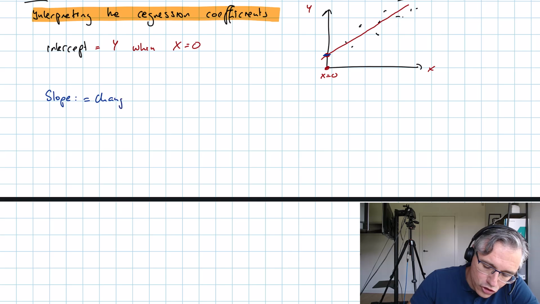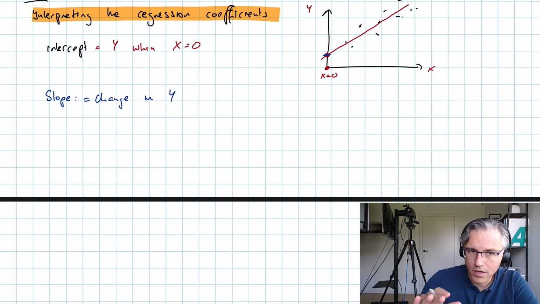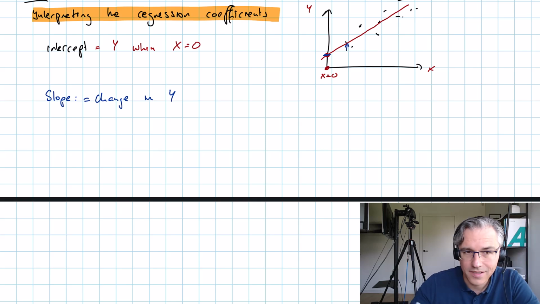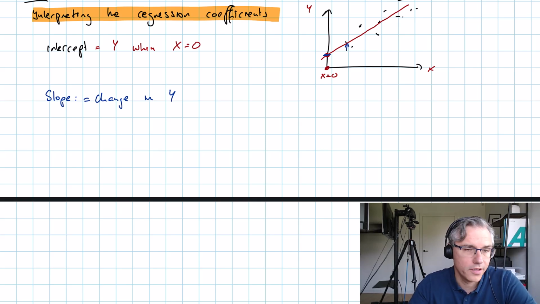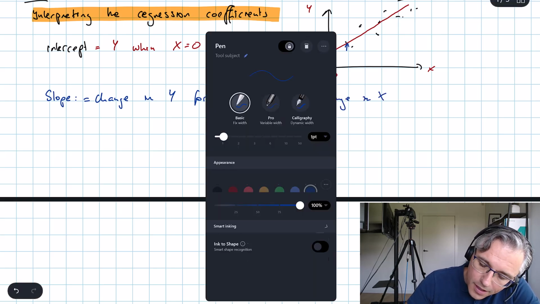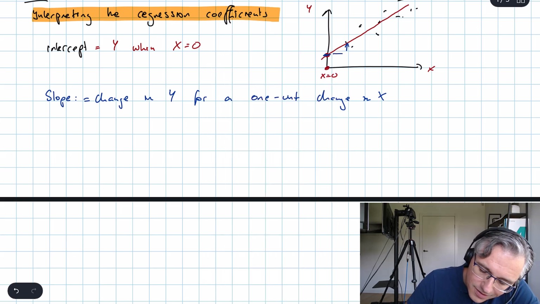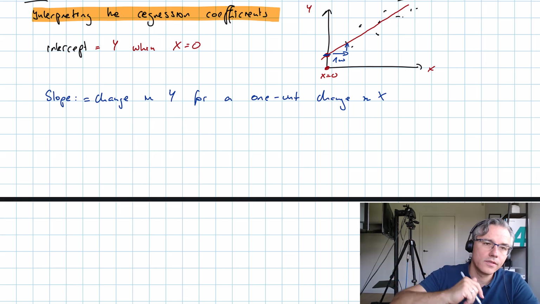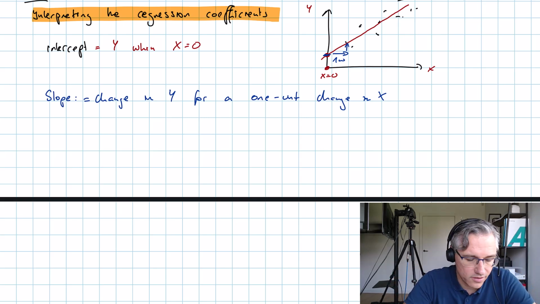Now, the slope. This is the change in y, how much y changes. In this case it's positive, but if the slope were negative it would be a negative change for a 1 unit change in x. Effectively, if a candidate studies an additional 1 week, what's going to be the incremental change in their score?